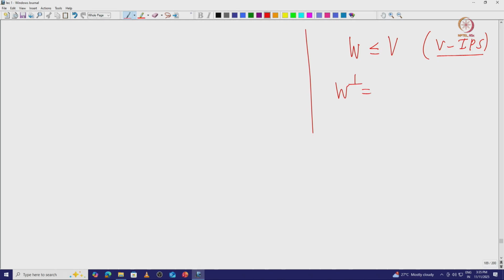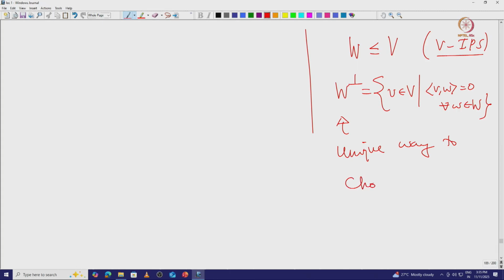That is the orthogonal complement of W. These are those v in V such that the inner product of v and w is 0 for all w in W, and this gave us a unique way to choose the orthogonal complement.